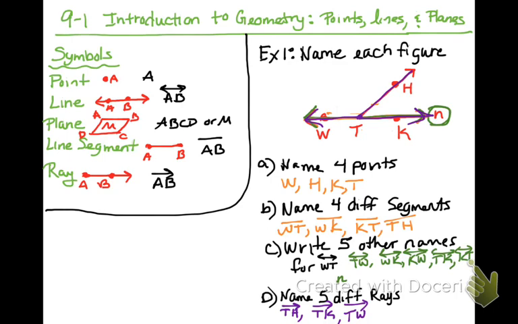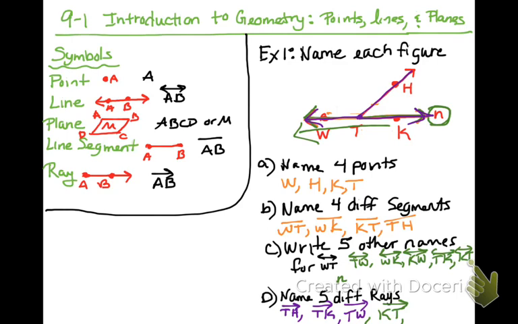Yes, very good. You can have it where K starts the ray, and you have a ray that goes to T. So KT or KW, it doesn't matter. KT and KW are the same thing.